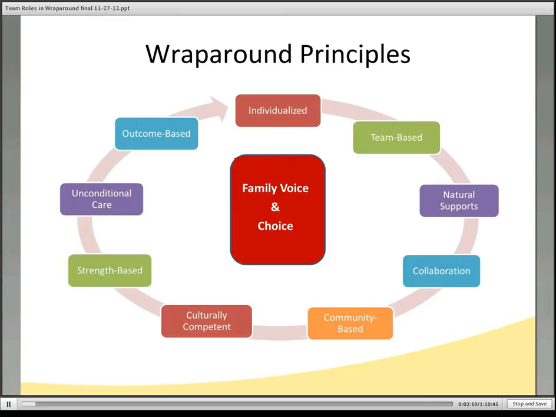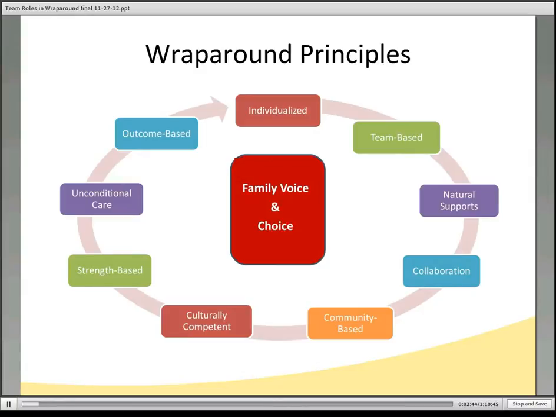We use the word family to include both the parent and the youth and the unified voice. And really when we talk about that, it's about families being full and active partners at every level of the wraparound process. And it's also an individualized process in that it's not cookie cutter, that it's really tailored to the specific and unique culture and traditions of the family, as well as the needs that might be present that we're going to address.